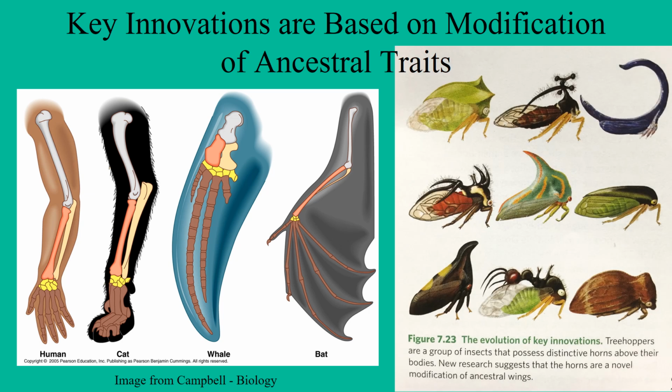In other organisms like these invertebrates, these are a group of insects called tree hoppers. They possess these distinctive horns above the top of the body. These are basically a modification of these ancestral wings that they had. So by modifying the shape and the structure, they're not just growing a new set of wings, or making up a trait out of nowhere, but it's basically taking it and modifying it.